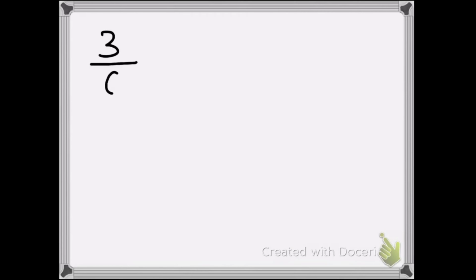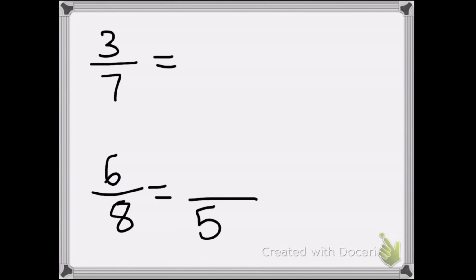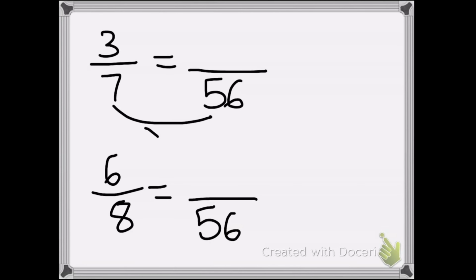But one thing we have to do before we do anything is replace 3 by 7 and 6 by 8 with their equivalent fractions. We need to convert them so the denominator can be 56. So 56 divided by 7 is 8.